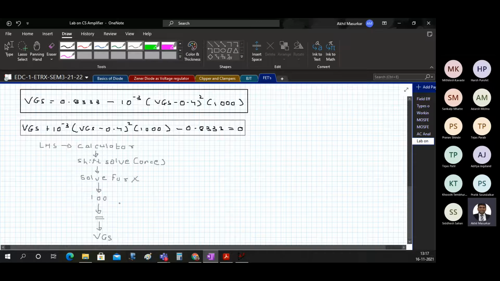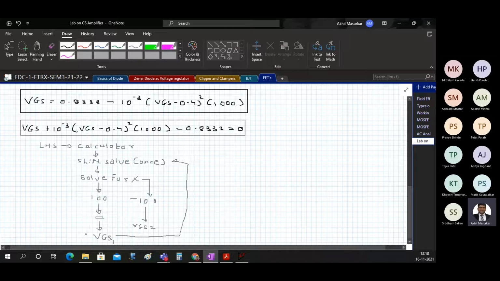Again press shift solve, go back to the same equation, and this time put -100 and you will get VGS2.